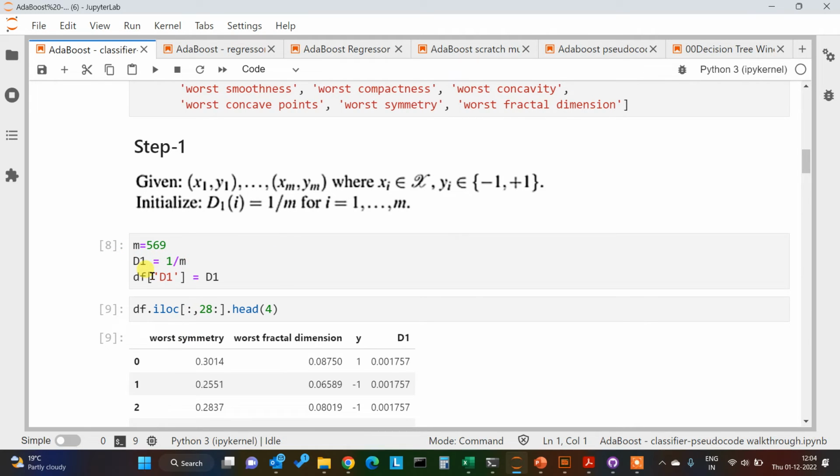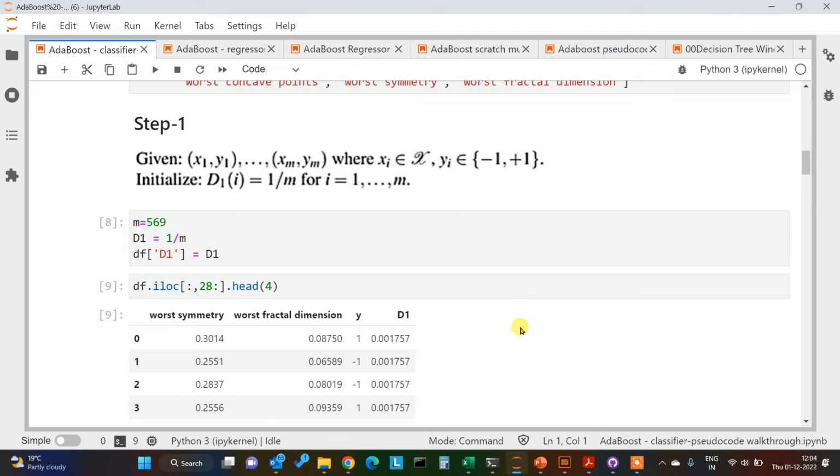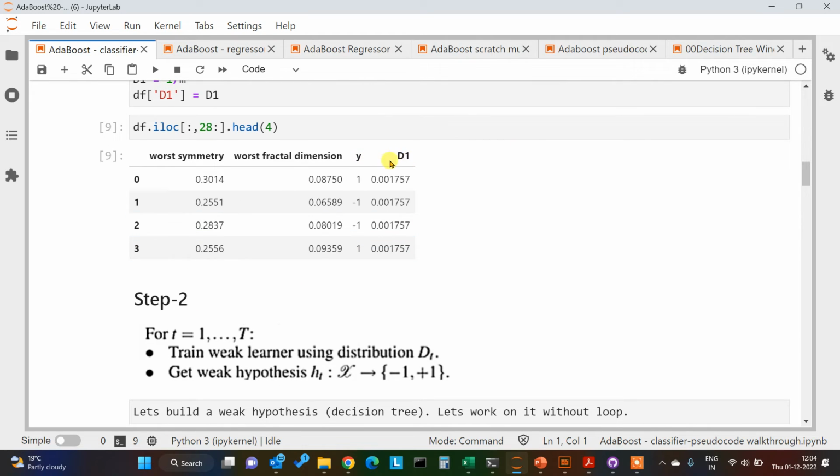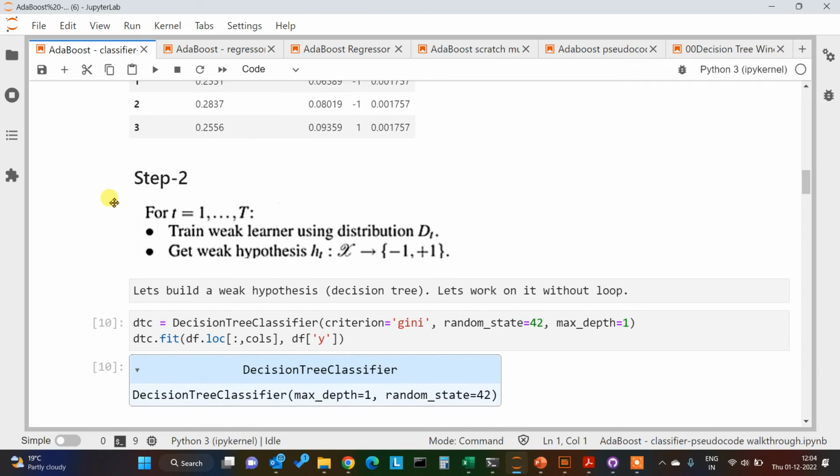So let's take a look at that. We are adding D1 to our data set. So in our data set now we have an additional column D1, and the value is this. Then we will start the for loop and go through the steps. Right now we are not going through this for loop, to understand the process first. Then we will implement the loop.